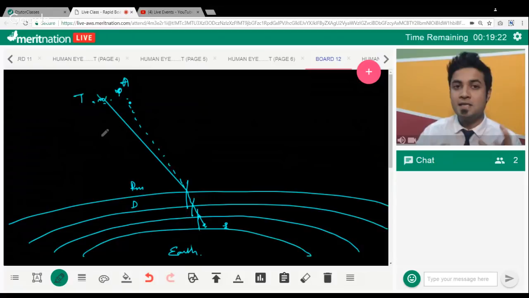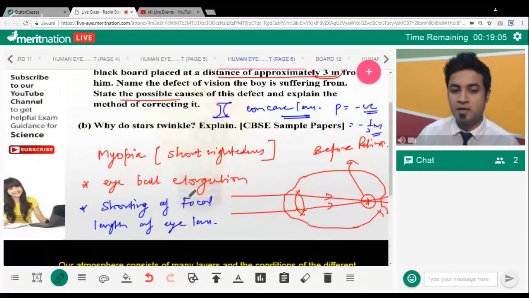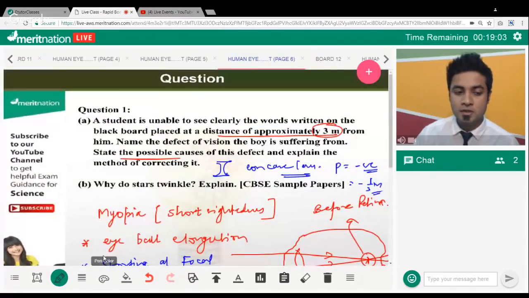So we see the apparent position of the star, and that is going to change throughout the day, throughout the night. So it appears to twinkle to us, and this is the reason I have written it here as well, so you can answer in this way. Okay guys, so this is the one.